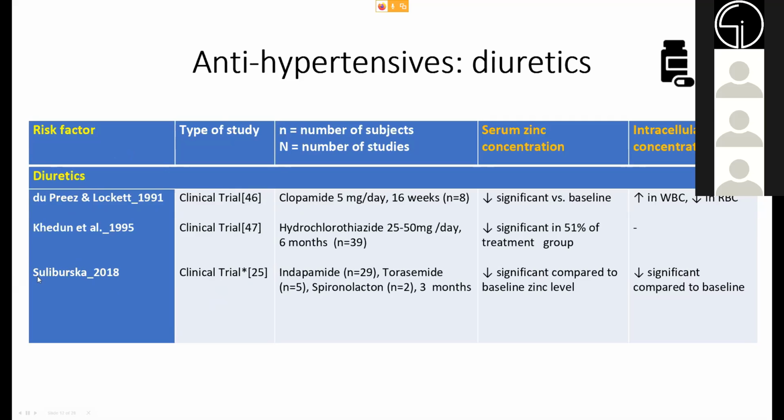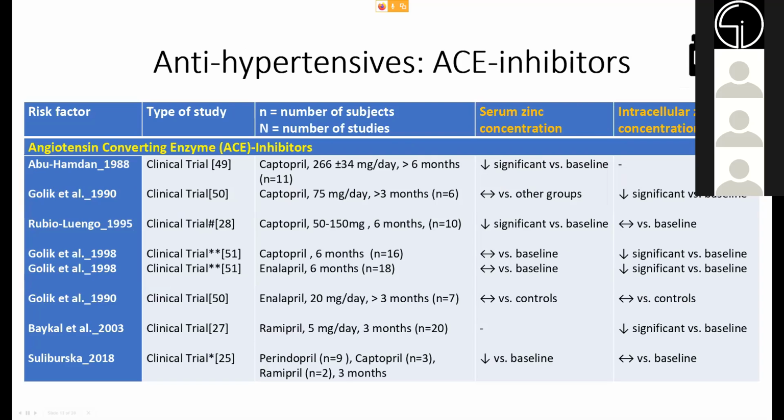Anyway, the zinc balance is disturbed. These are all relatively small groups of patients, clinical studies with 10, 15 up to 20 or 30 people.